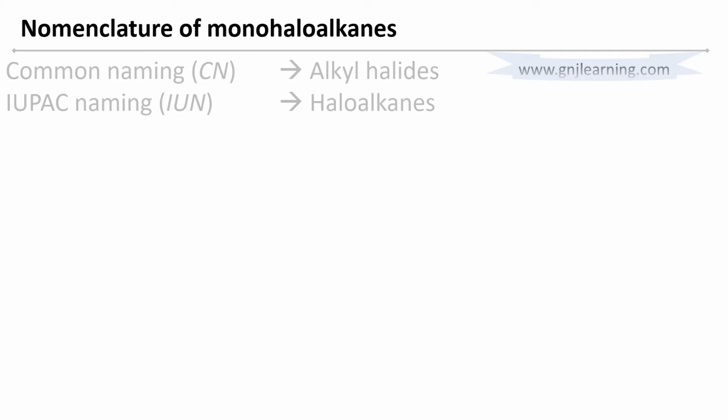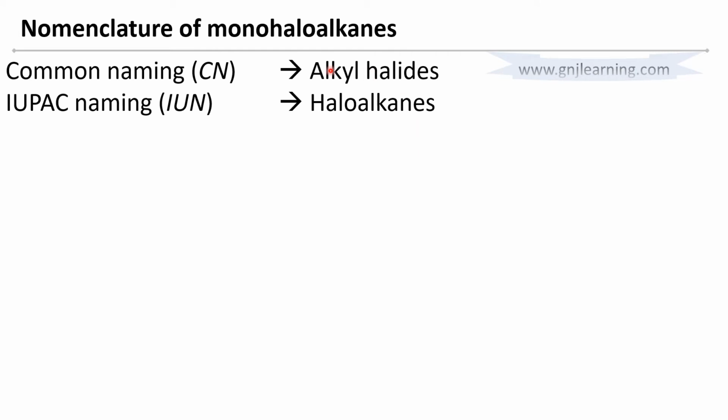To begin with, as we said in the last part, while naming monohaloalkanes, both forms of naming are commonly used. One is common naming, the other is IUPAC naming. The major difference is that they treat parents in a different way.